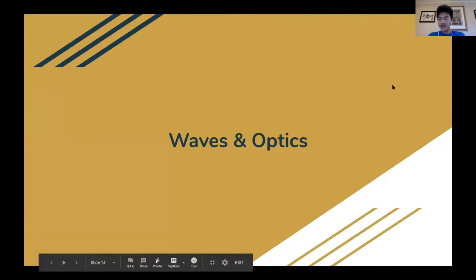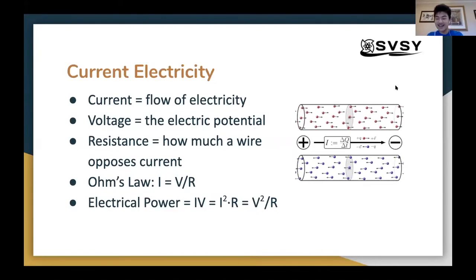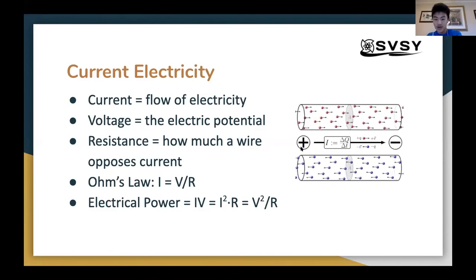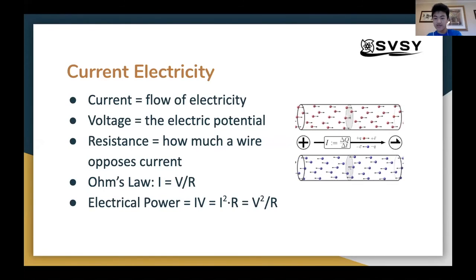So over here we can see a cross section of wires, and we can see that there's a positive side over here and a negative side to the right.